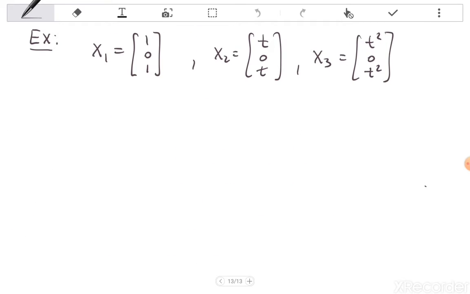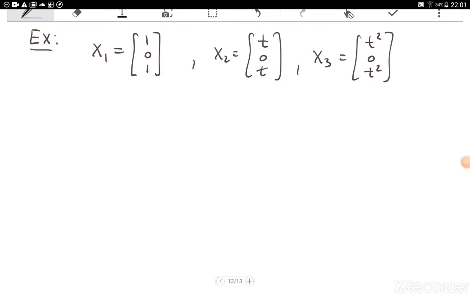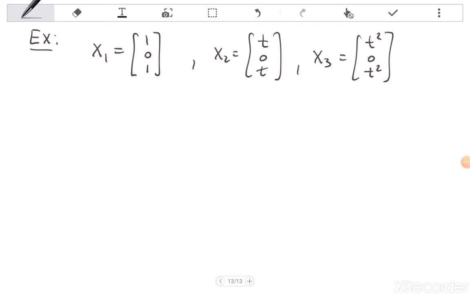So assume that we have a set of these three vector functions, x1, x2, and x3. Let's first show that these three vector functions are linearly independent. To do this, we assume first that these three are linearly dependent.